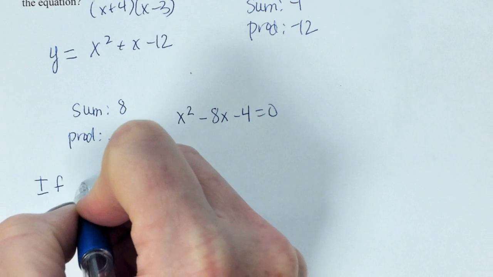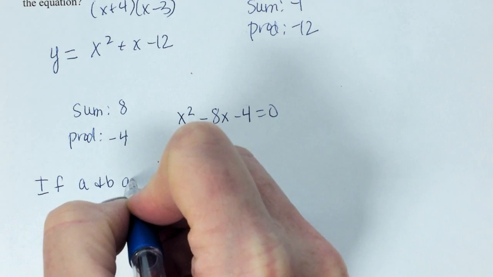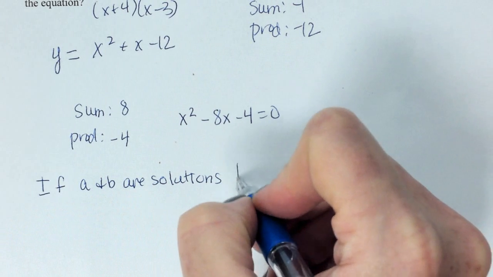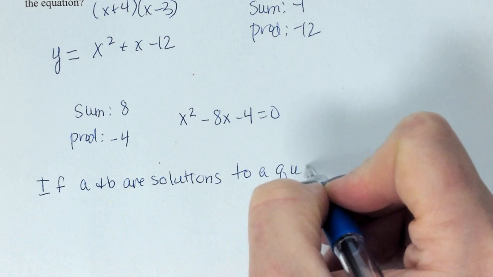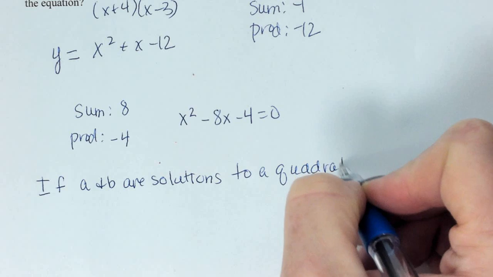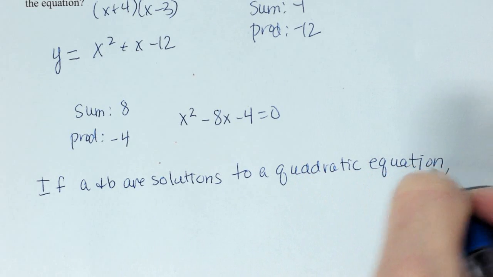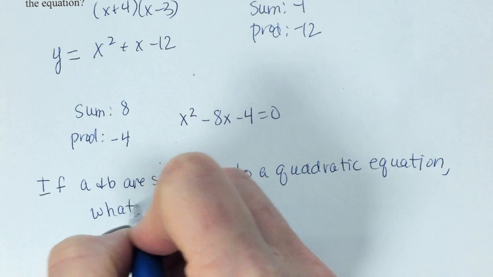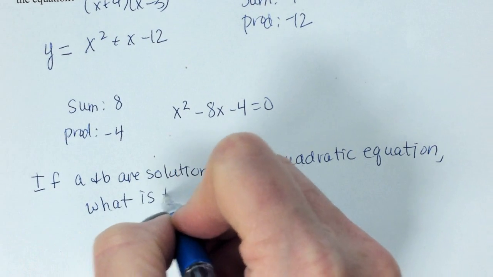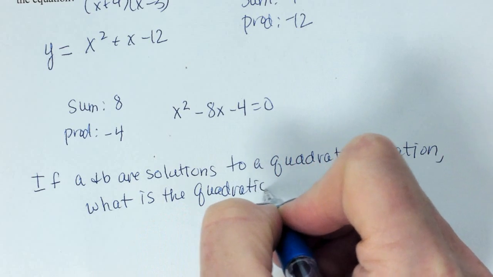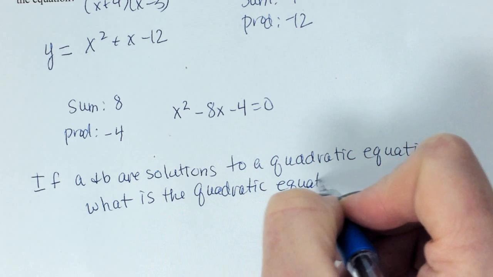So if A and B are solutions to a quadratic equation, I want to know what the quadratic equation is. What's the rule on it?